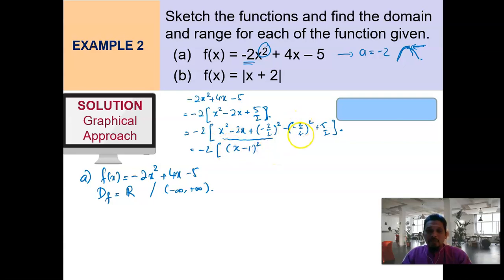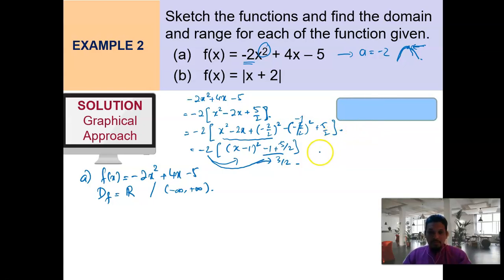And then negative 2 divided by 2 equals negative 1. Negative 1 squared equals positive 1, and minus 1 here plus 5 over 2. And this is going to give you negative 2 over 2 plus 5 over 2, which is 3 over 2.